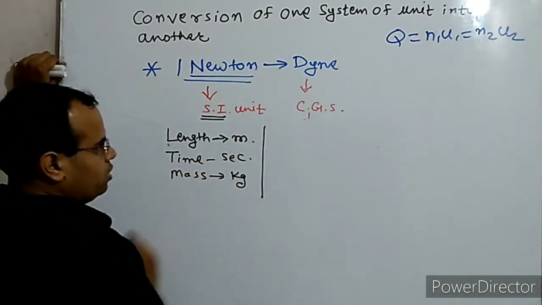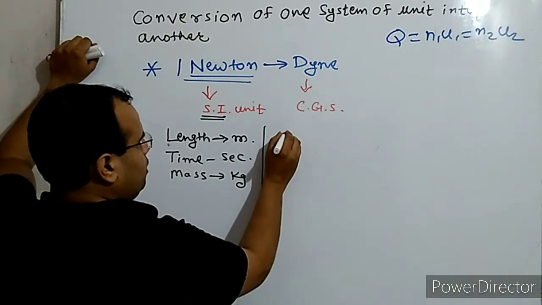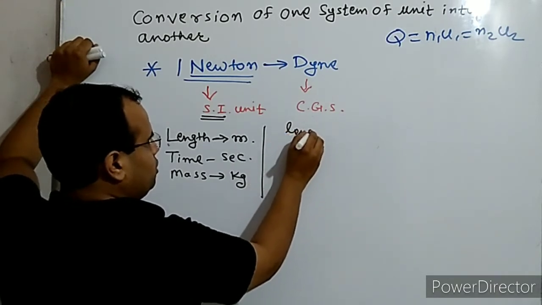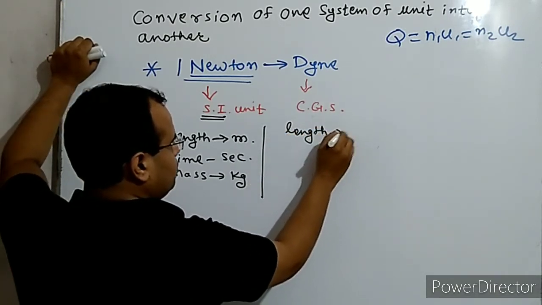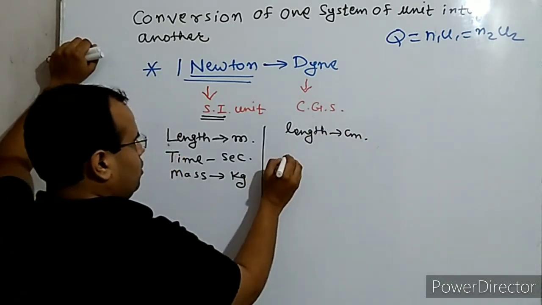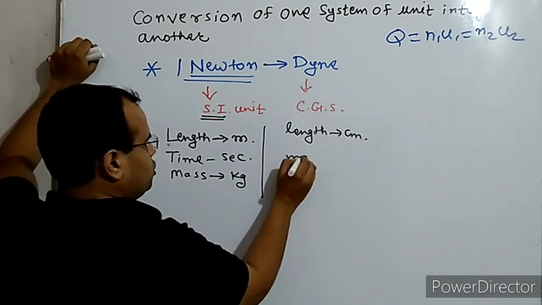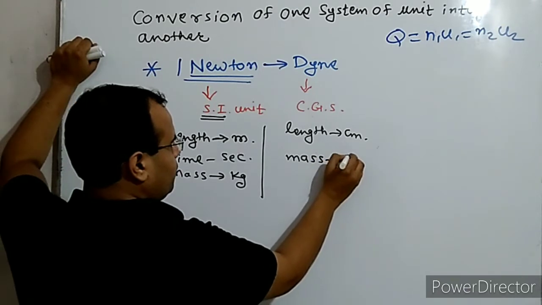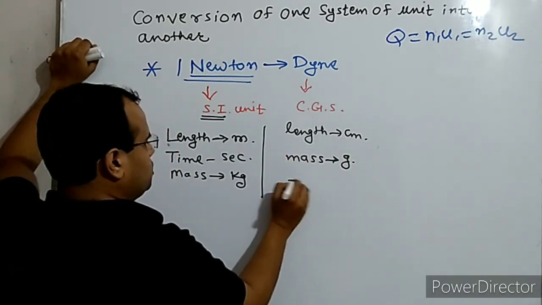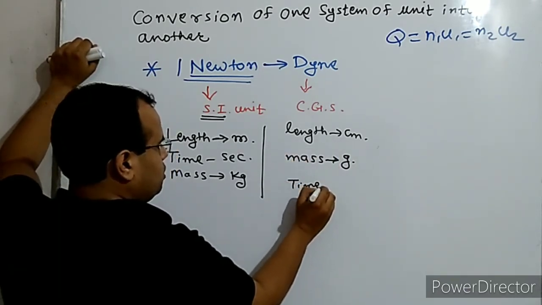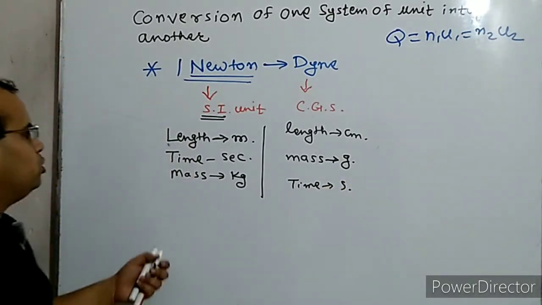Similarly, CGS unit. In CGS unit, length is measured in centimeter, mass is measured in gram, and time is measured in second. So this is how we do this.